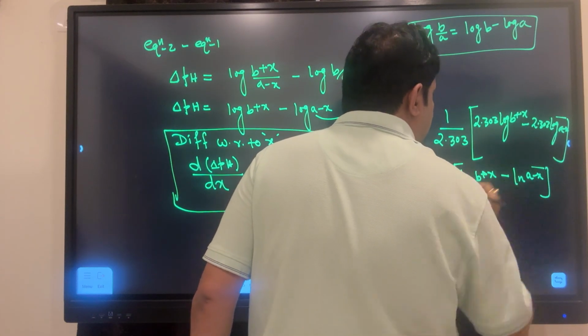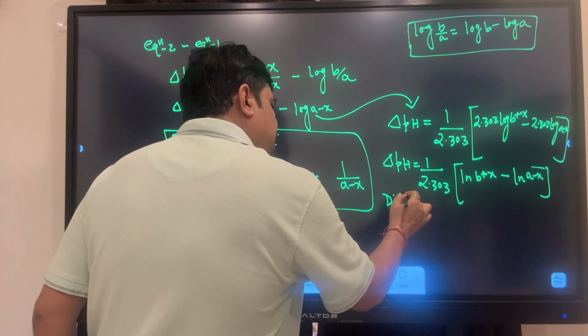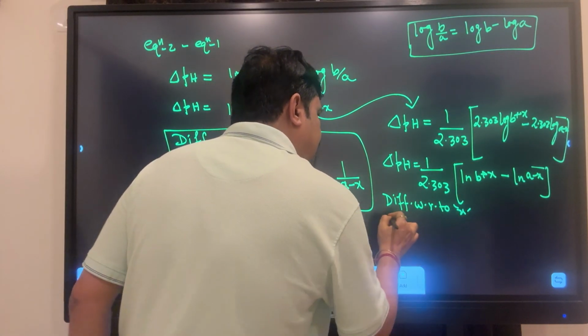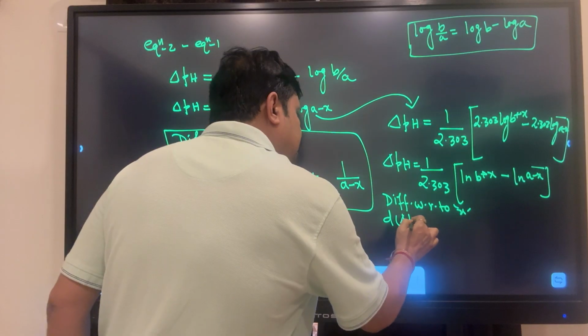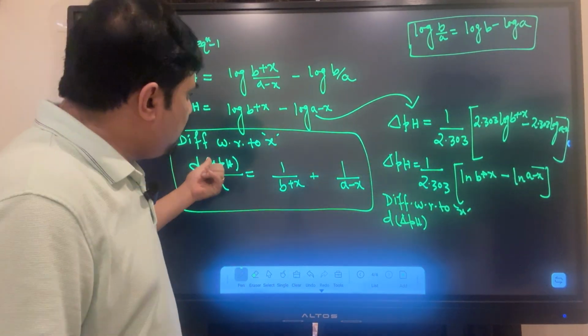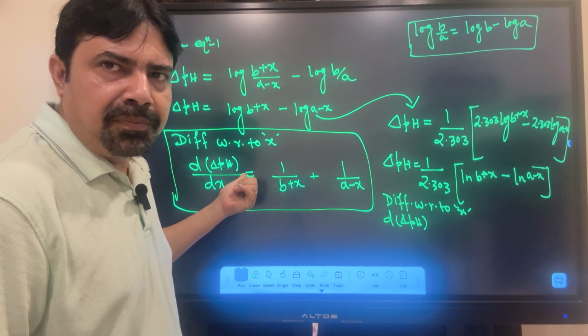We can write like this. Now again I can differentiate with respect to x. Most people will proceed with this approach with ln, but by log also you can proceed, no issue. You can get the same thing, that is what I want to mention.